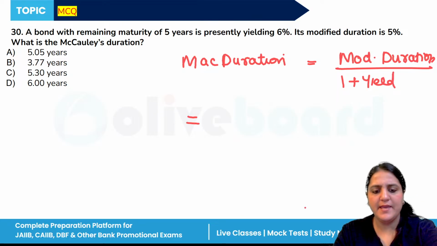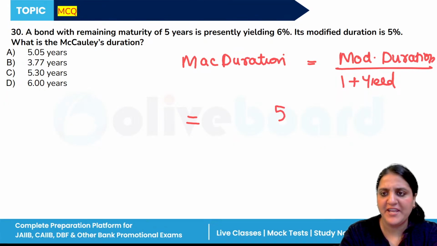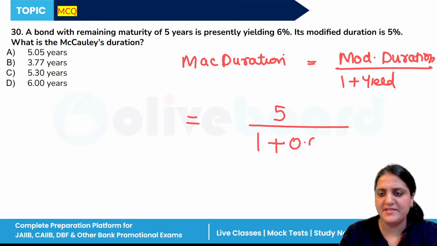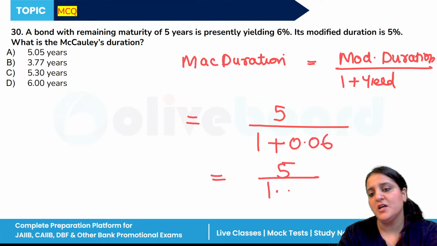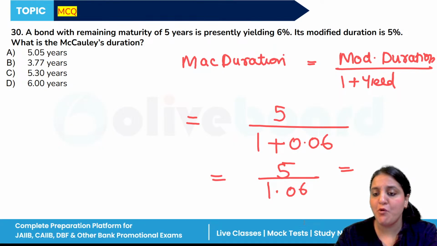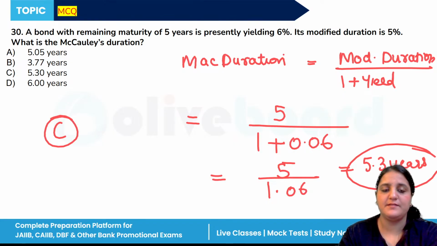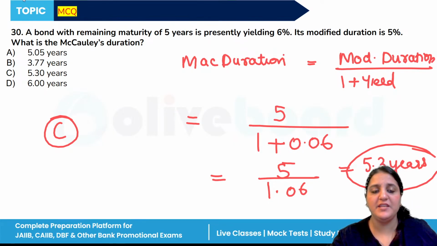Here yield is given 6%, that we can write 0.06, right? So that means 5 divided by 1 plus 0.06, which will give you 5 divided by 1.06, that will be equal to 5.3 years. So option C is correct. 5.3 years.